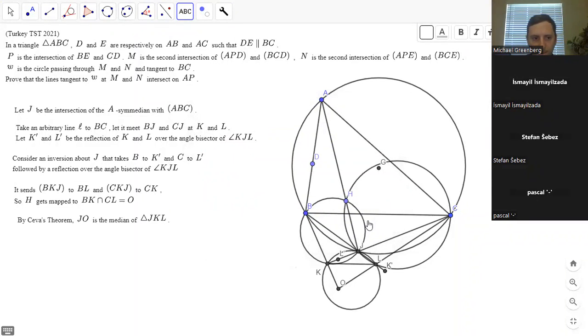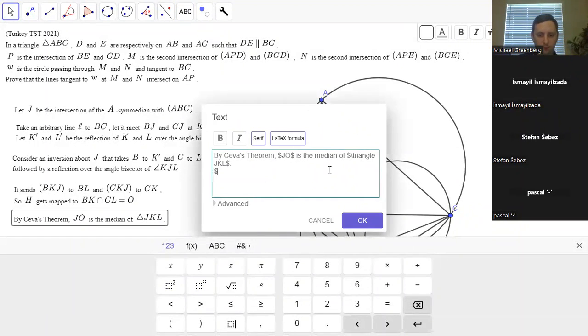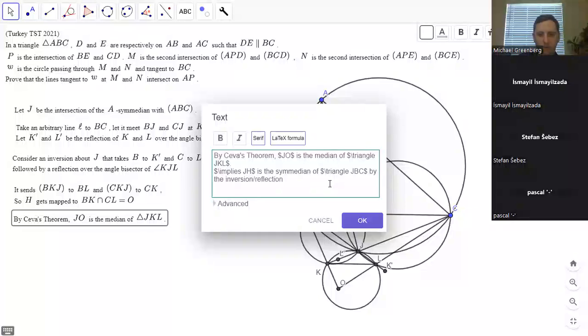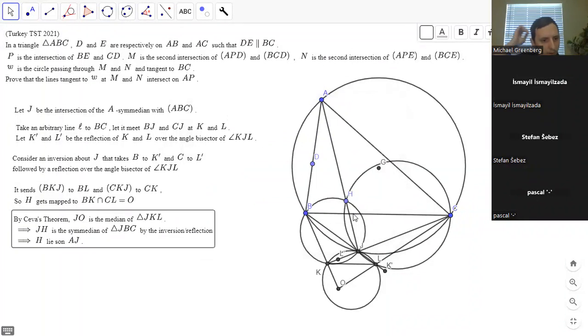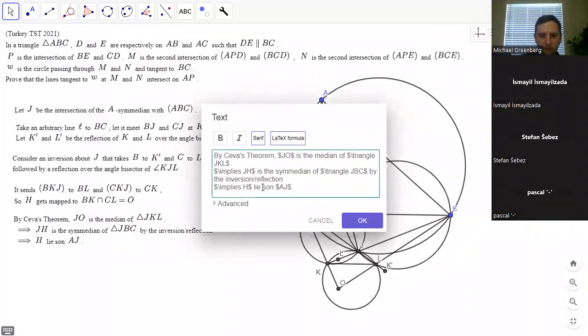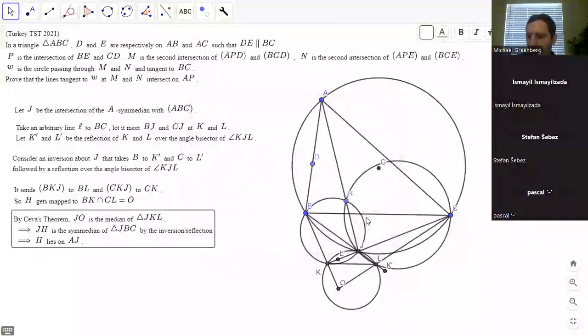And so JH is the symmedian of JBC, by the inversion and reflection. And that means that H lies on the A symmedian. Okay, so now we go back to the original problem.